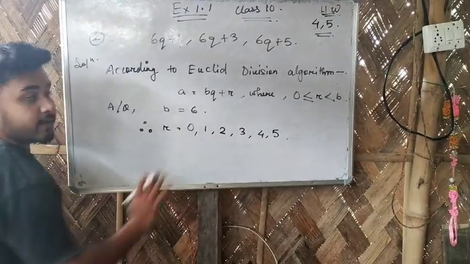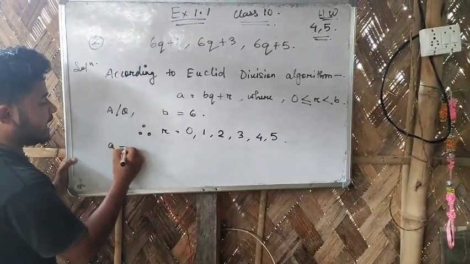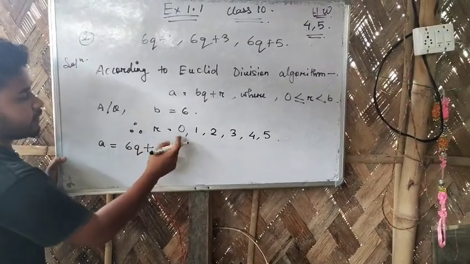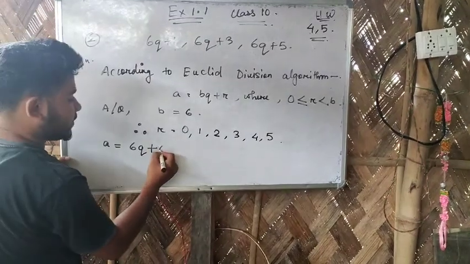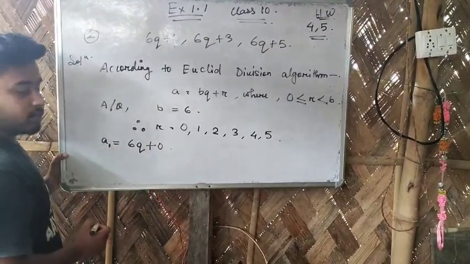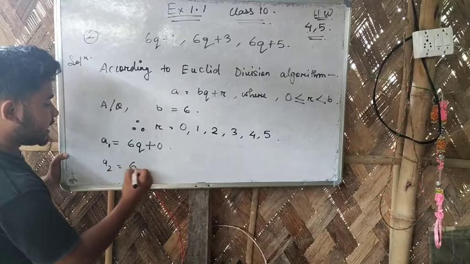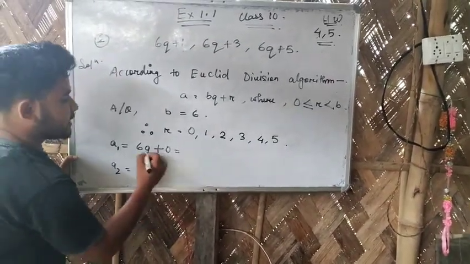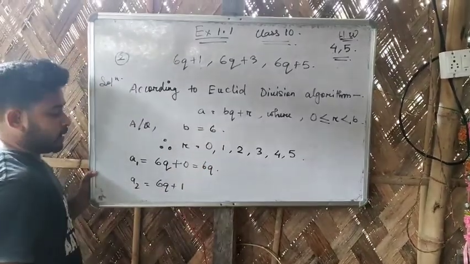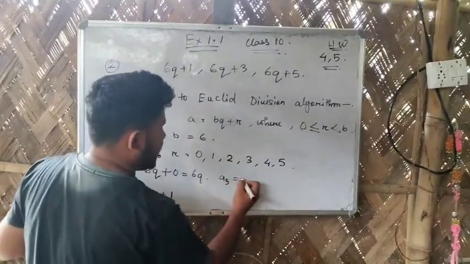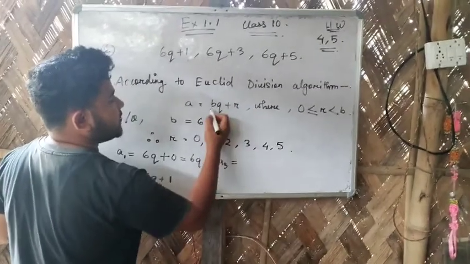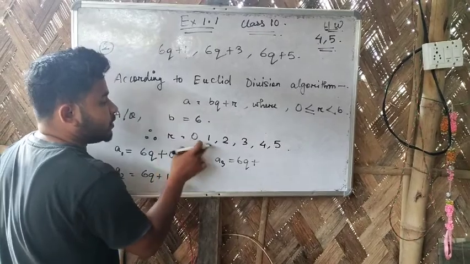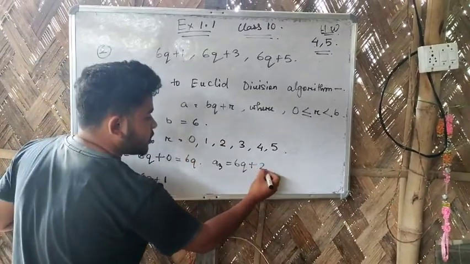Now please see. A = 6q + R. First, if I take the R value as 0, it becomes 6q + 0 = 6q, let's call it A1. Then A2: if I take R as 1, it becomes 6q + 1. Then A3: the formula is BQ + R, where B is 6, so it becomes 6q + R. First we used 0, then 1, now we use 2, so A3 is 6q + 2.